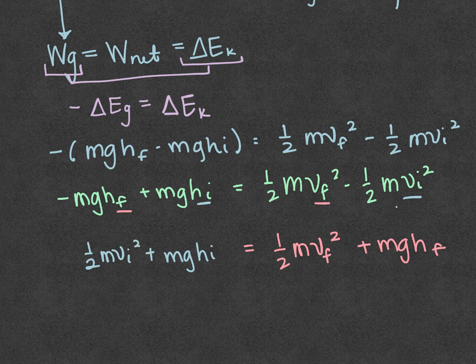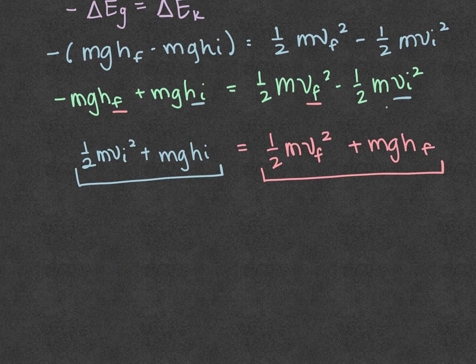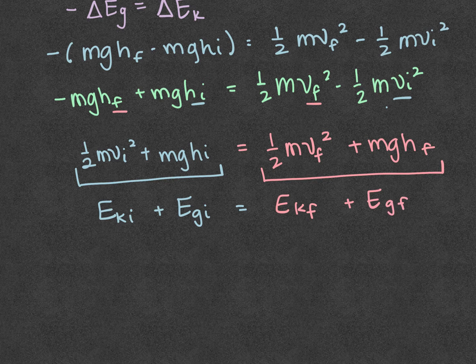So now I see that I have initial kinetic energy plus initial gravitational energy equal to the final kinetic energy plus the final gravitational energy. I could write this as Ek initial plus Eg initial is equal to Ek final plus Eg final.